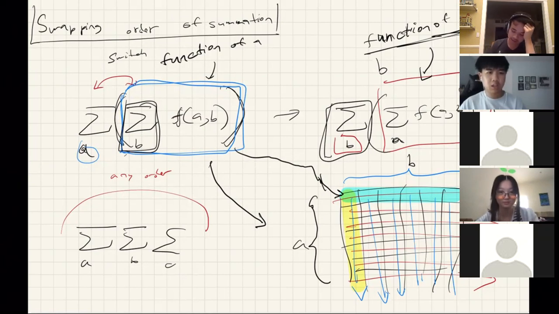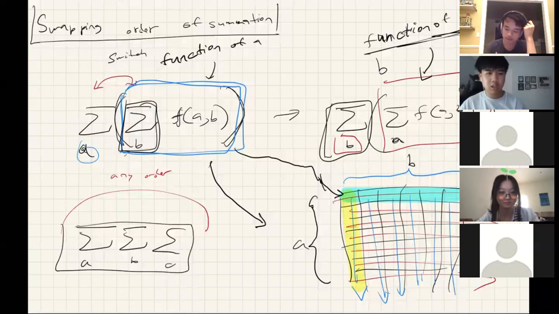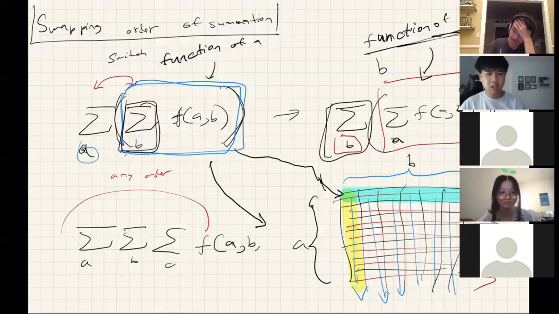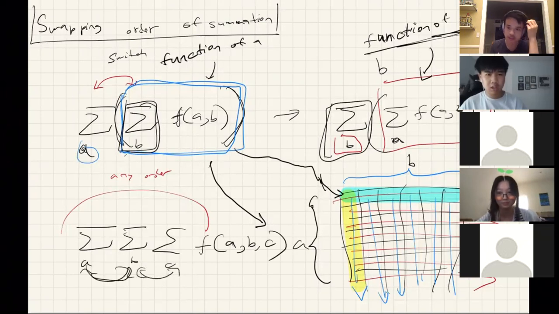And you can also extend this to summations with 3 or more variables. If you have a function in terms of a, b, and c, then you can swap any of these around, and you would get the same result. You can have the order of summation in any order.